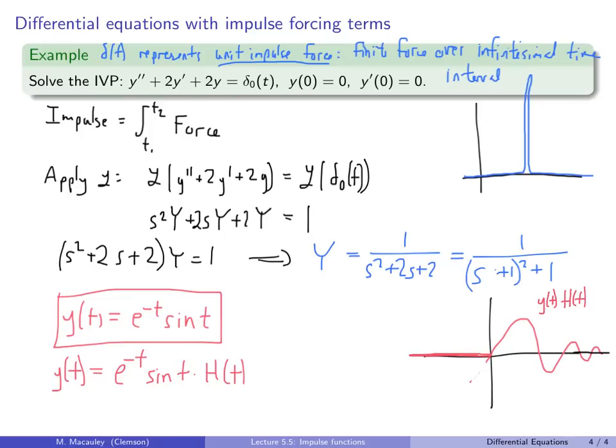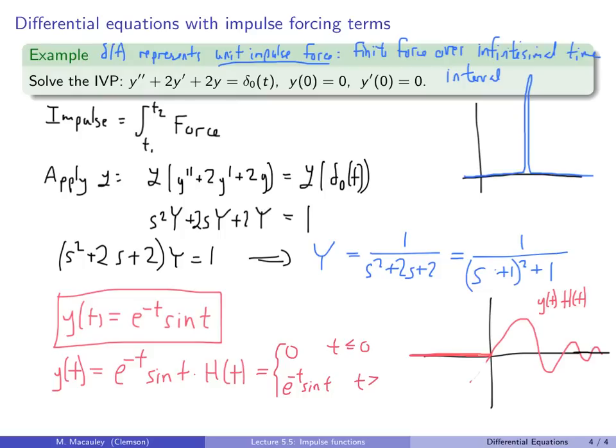So now it satisfies this initial condition, and it doesn't quite satisfy this, but it's pretty good, in that the derivative doesn't exist here, except the left-hand derivative does exist. Let me write this function. It is 0 if t is less than or equal to 0, and e to the minus t sine of t if t is greater than 0.